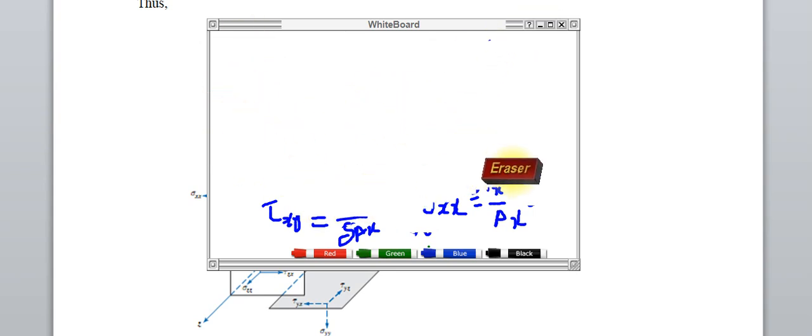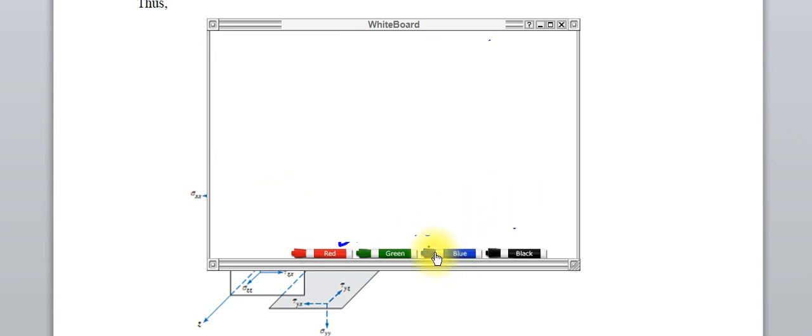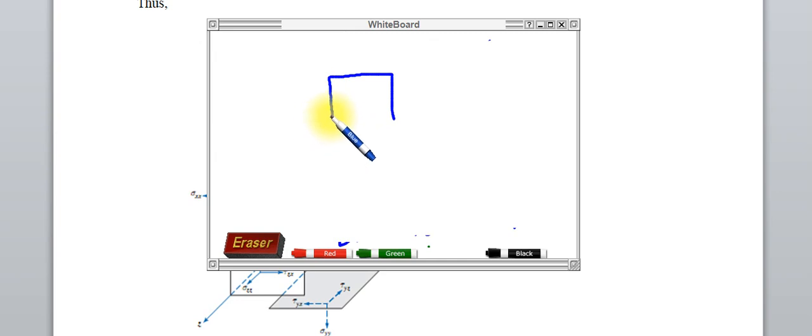This is now the differential fluid element.